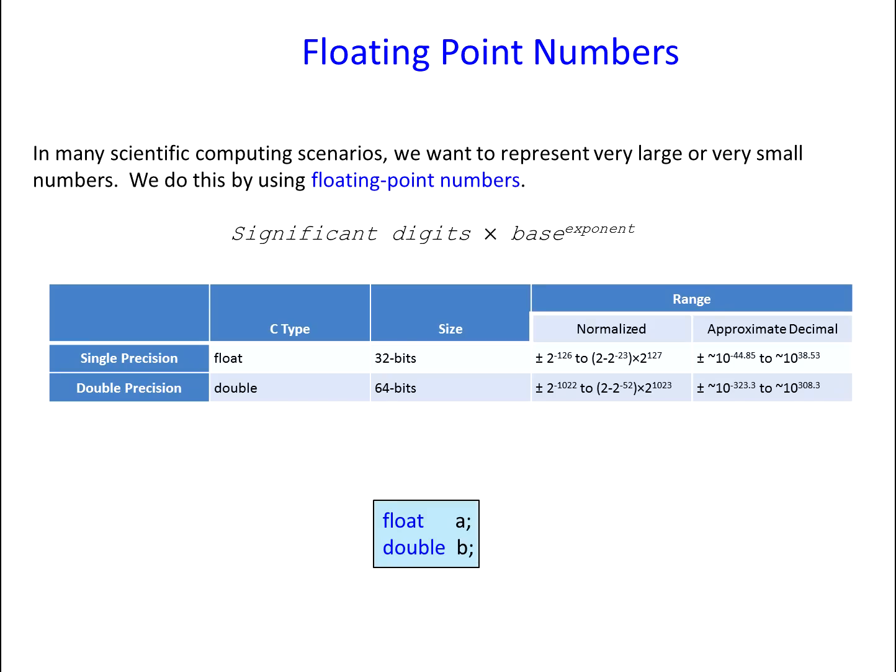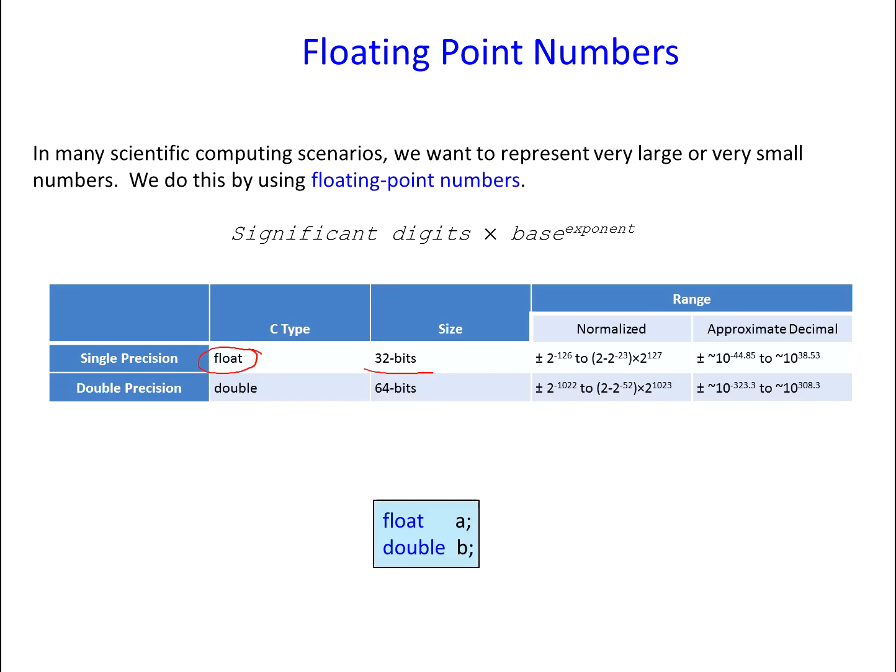Okay, a float is represented as 32 bits, and the way it represents the number internally is you have a certain number of digits times a base with an exponent. The exponent can be positive and negative, and that's what allows us to represent very large and very small numbers.